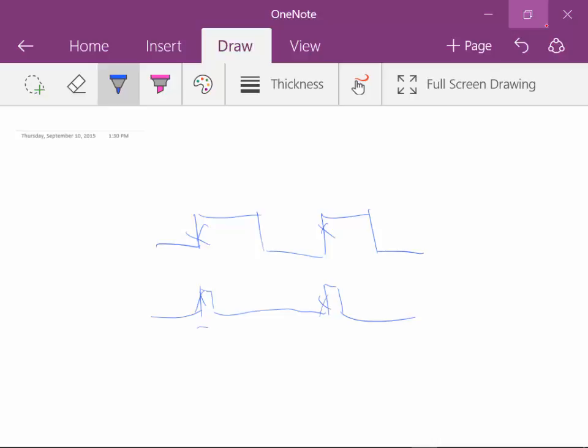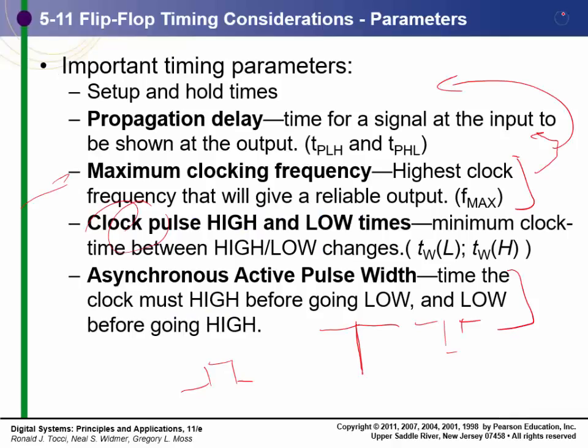But that parameter says that we have to have a minimum time on. That's what this parameter right here says: pulse width high and low time, the minimum clock time between high and low changes. So we have to have a time with low and a time with high.